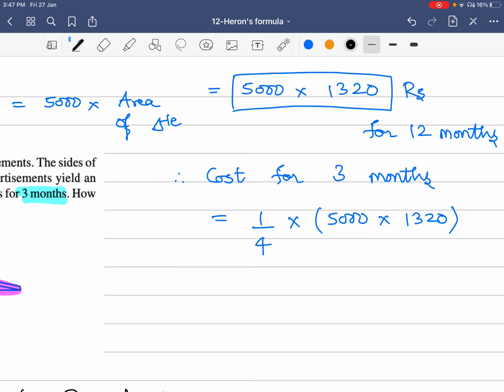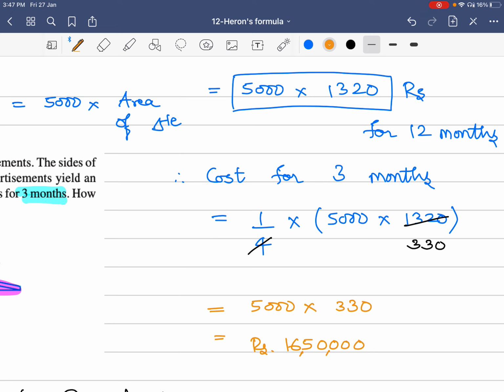This is divisible by 4. 4 3s are 12, so we get 330. So that is equal to 5,000 into 330. That is 4 zeros, and 5 threes are 15, 1 carry, 5 threes are 15, 16. So this is equal to rupees.